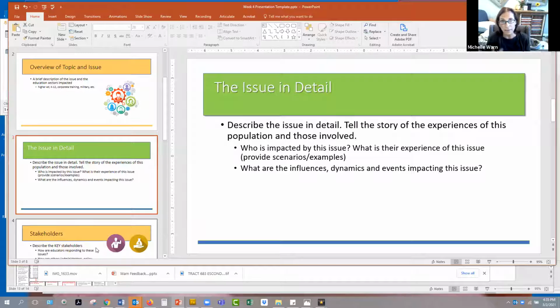So kind of tell us, what is this pain point? What is this population experiencing? Okay, what are the dynamics, policy that's impacting them, or services that are not being provided, things like that. Okay, so talk about that.